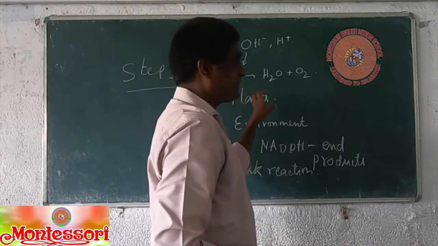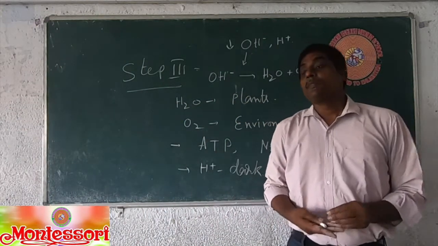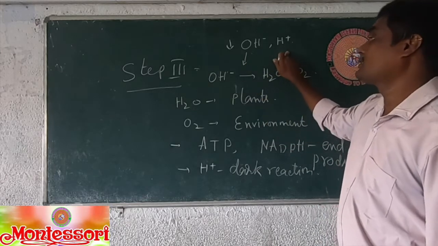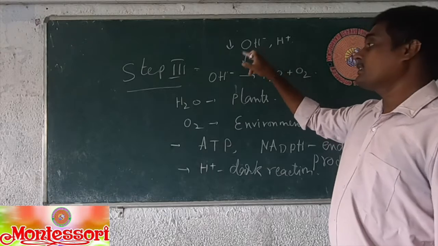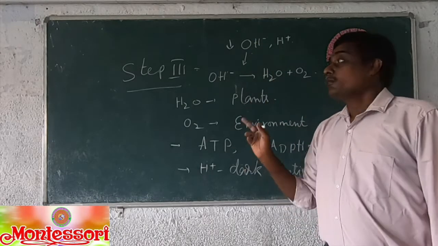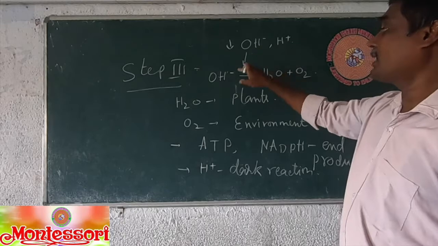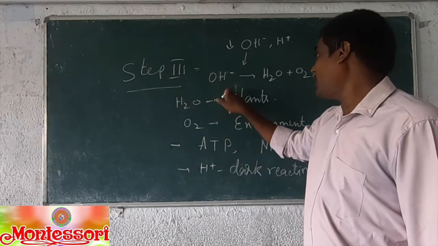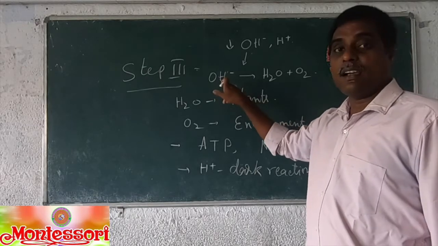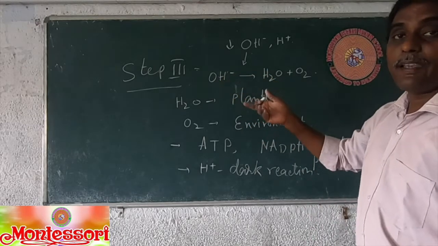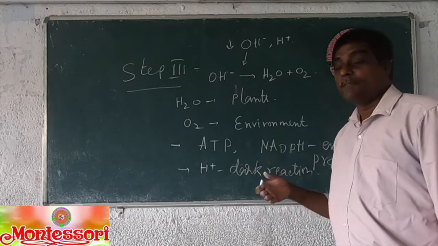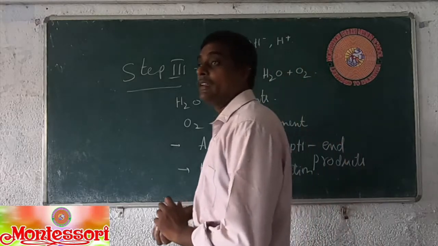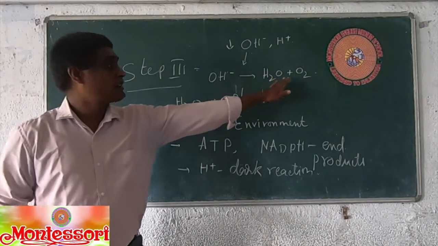During the process of step 3, the OH minus and the H plus ions are released in step 2. These OH minus ions participate in a series of reactions and form H2O and oxygen molecules.